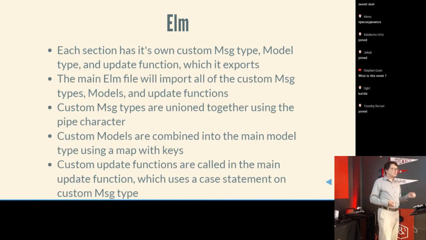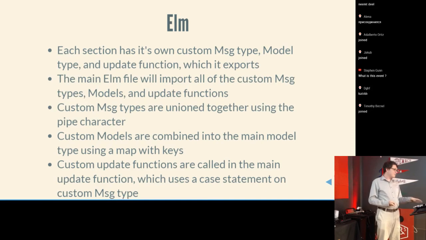The custom message types would be unioned together into a master message type using the pipe character, that same pipe character we saw that separated increment and decrement earlier. The custom models are combined into the main model using a map with keys, for instance, but I guess you could use an array too.